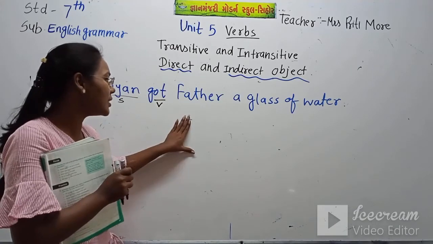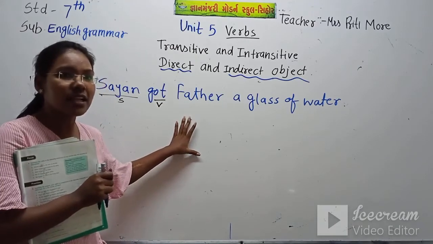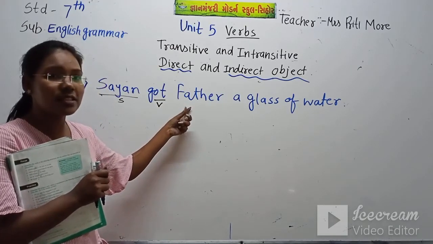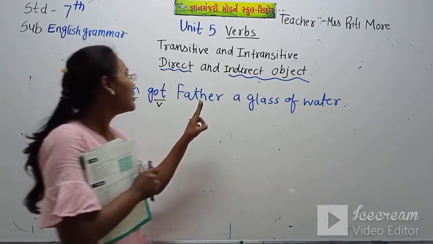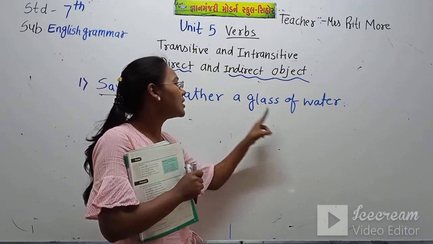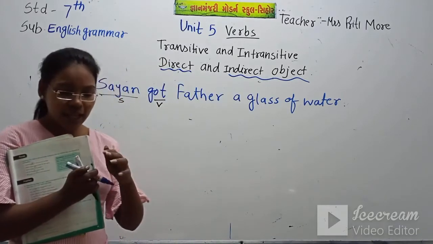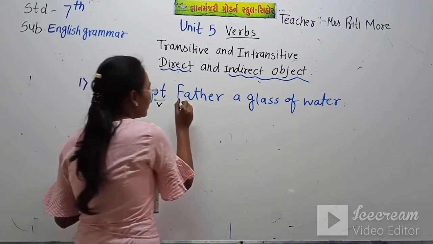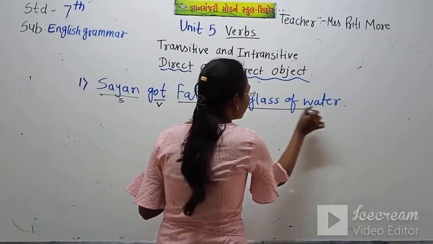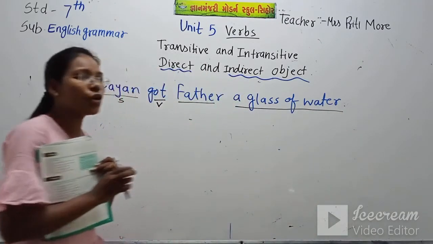This is a transitive verb sentence, and it has two objects. One is father and the second is a glass of water.